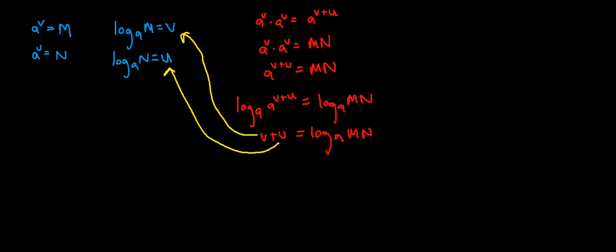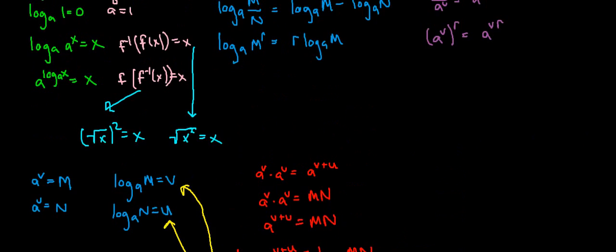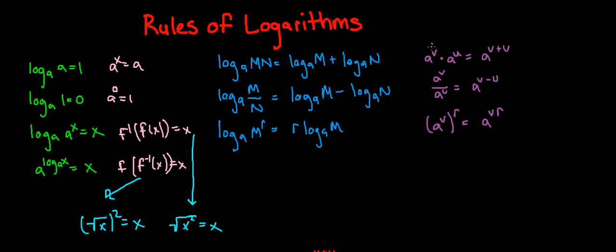So I can rewrite this entire thing as log base a of m, I just replace this v with this, plus log base a of n, I just replace this u with this. And this is equal to log base a of m times n. And if I scroll up, I can see that I started with this, and I managed to convert it to logarithmic notation, and it is indeed equal to this.